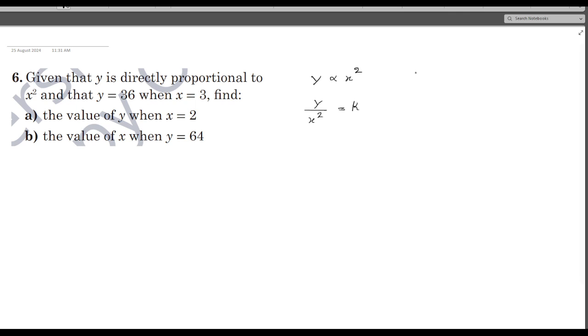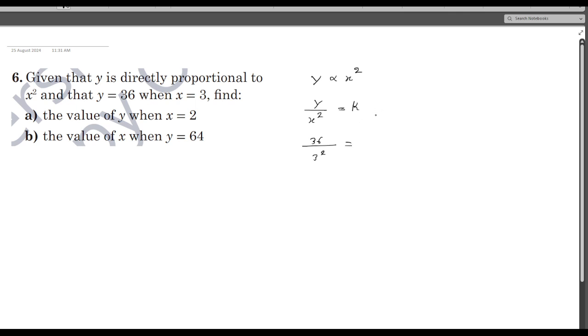Now when y is 36, x is 3, you have to find the value of y when x is equal to 2. So y is 36, so here you have 36 divided by x squared, that is 3 squared.